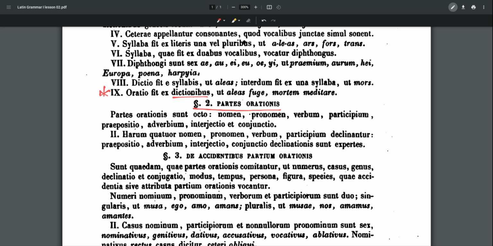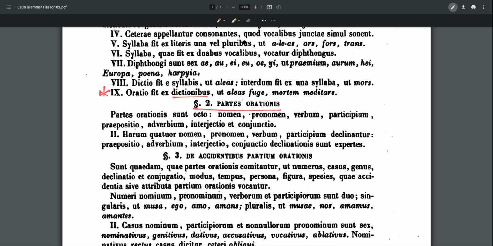And if we learn about these 8 different classes, then we will understand the characteristics of all of the words. And we'll simply need to know what part of speech or what group each word belongs to.